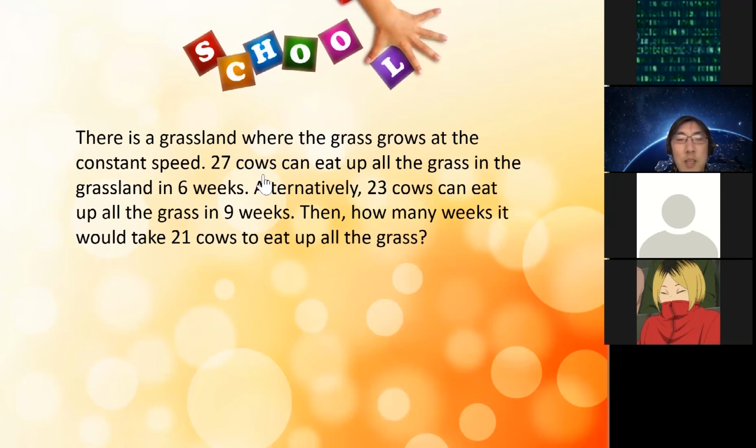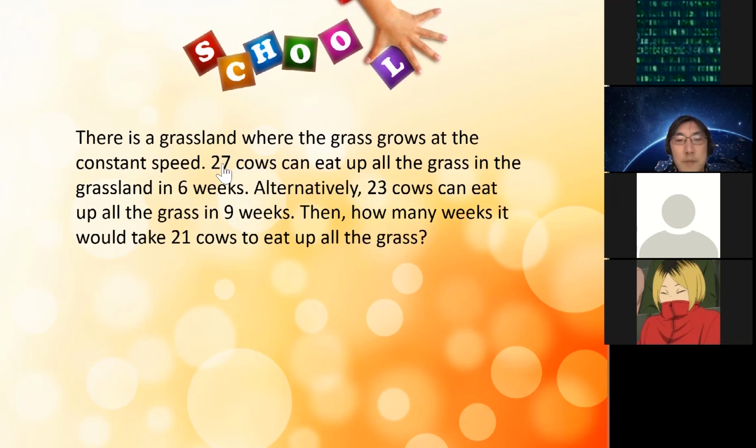No, it's not that way. Constant speed means every day the same amount of grass grows. If on day one it's 3 million pounds of grass, then it has to be that every day 3 million pounds of new grass will grow in the grassland. Okay, so that's what constant means.